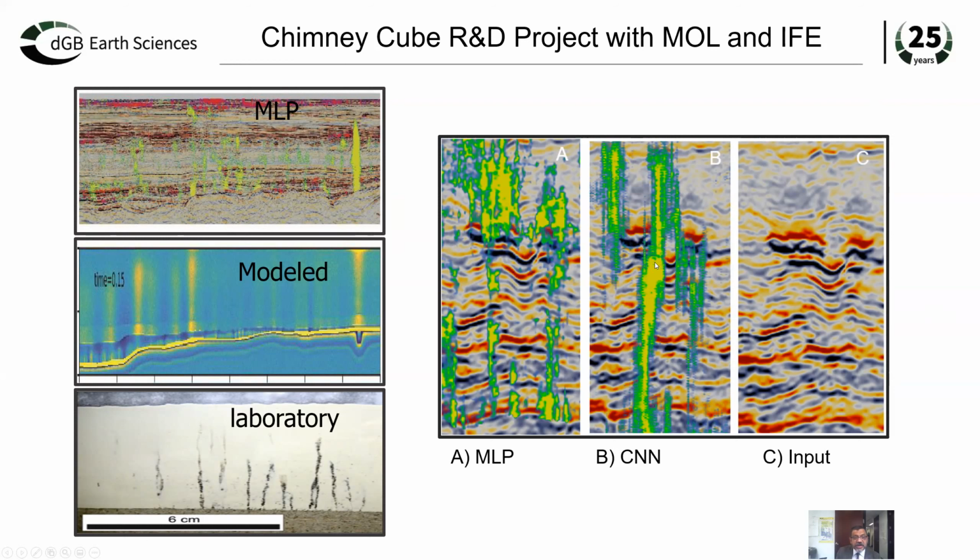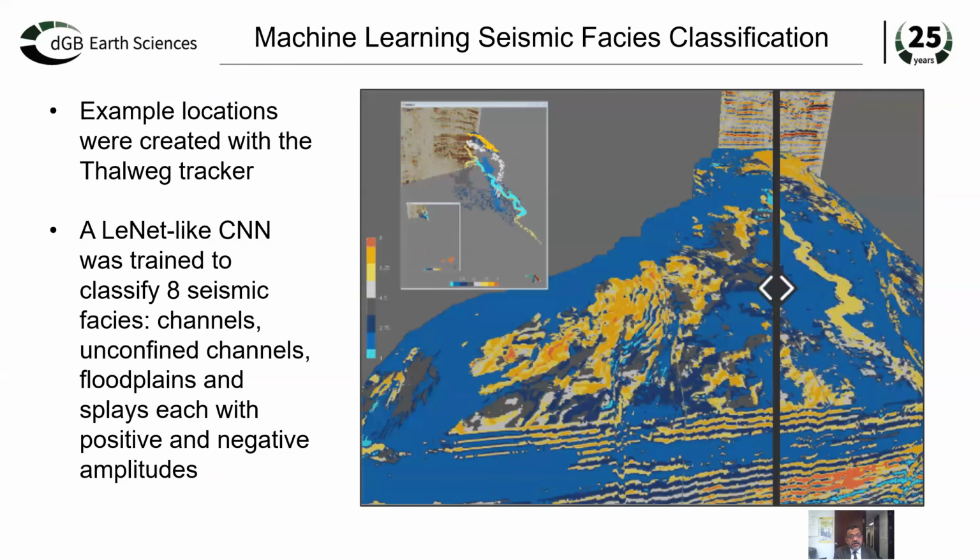So there are a few applications, of course, with pluses and minuses depending on how much data is used for training. You can take the multi-layer perceptron, the shallow neural network, and then train the data with that into the CNN, and come up with very defined facies or probabilities.